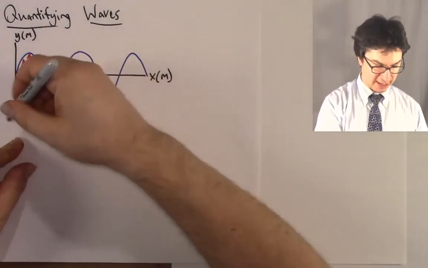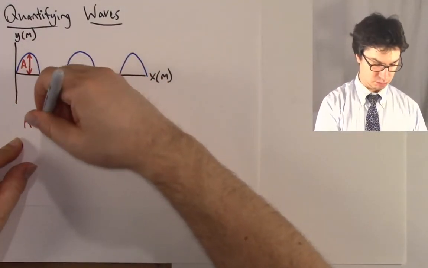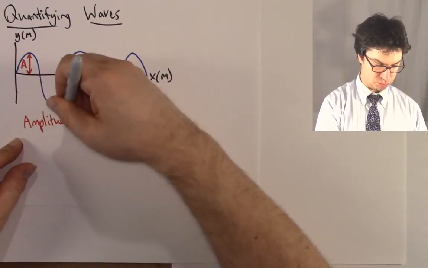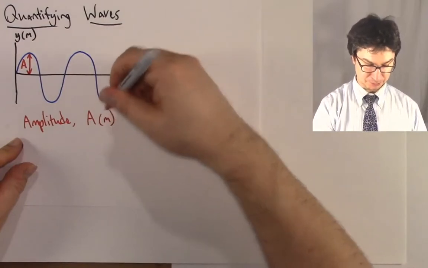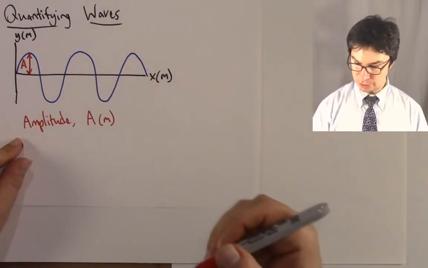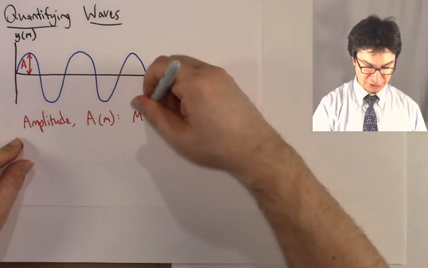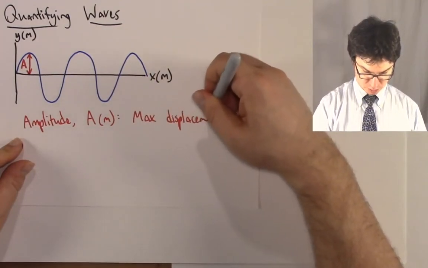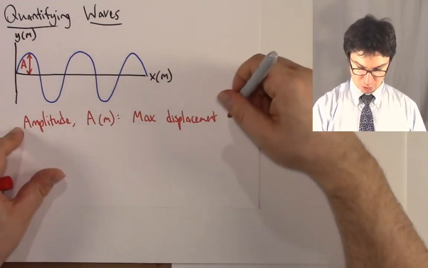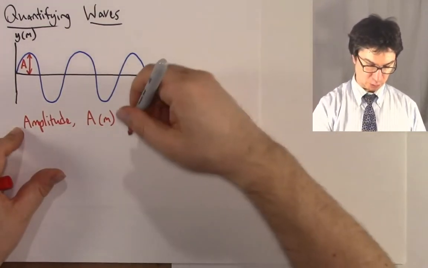So we're going to write amplitude, capital A, we measure it in meters for this wave, and we're going to say this is the max displacement from equilibrium.